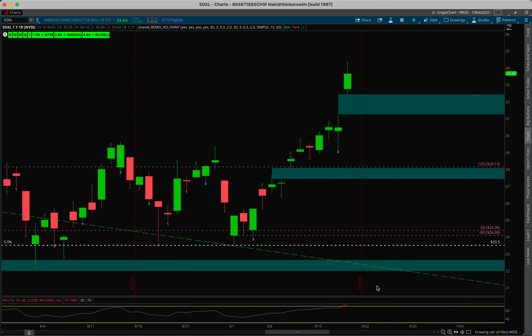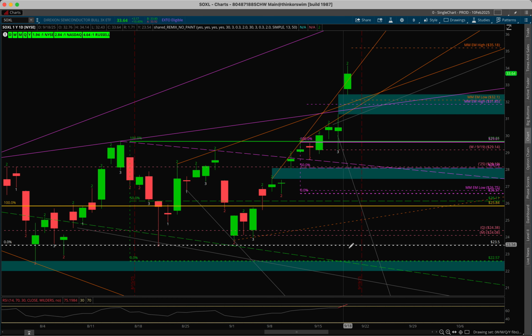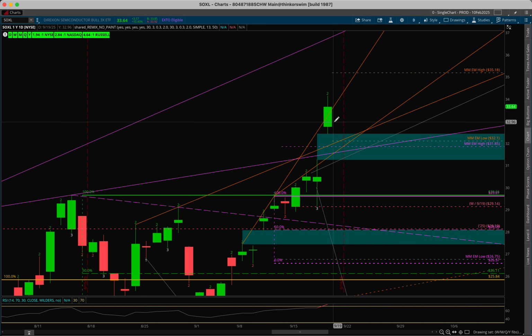So if we go back to our charts, and we look at tomorrow's information, we can see that the market maker's expected move, we've closed up here, is up here at 35.18, and the low is down here at 32.10. That is in the gap. So we've talked before about half gap reversals.